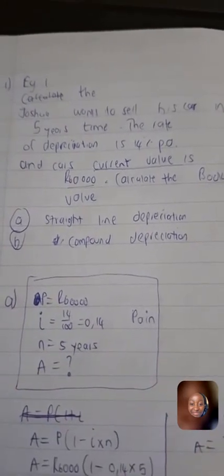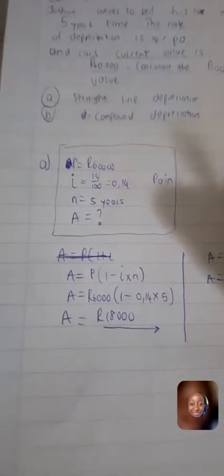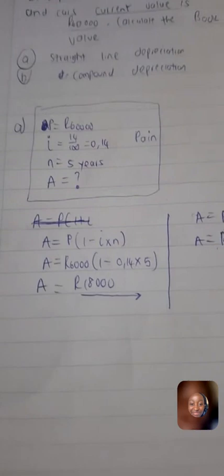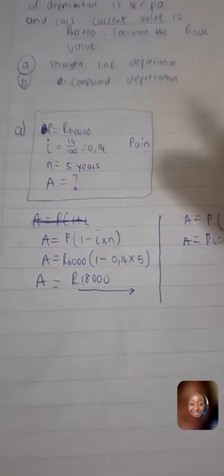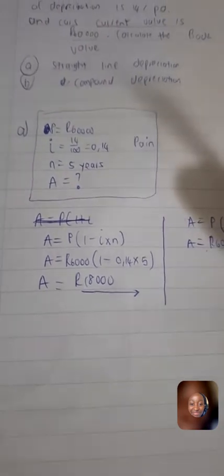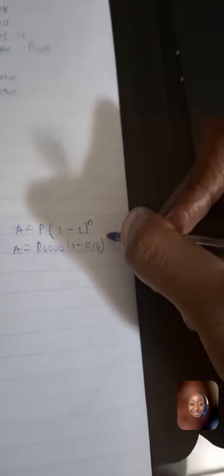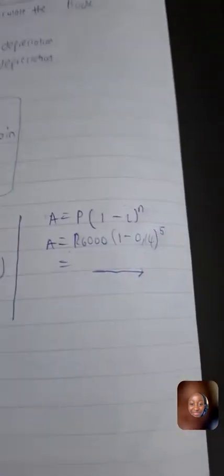So P is going to be 60,000, and then 1 minus I, 0.14, close brackets, with the exponent of 5. Awesome. All that is left is our beautiful work on the calculator so that we can get the value.